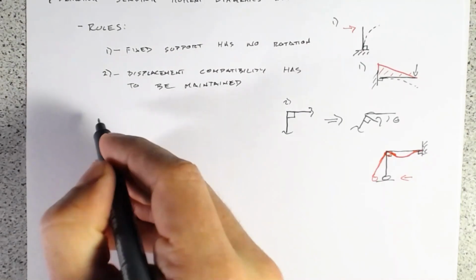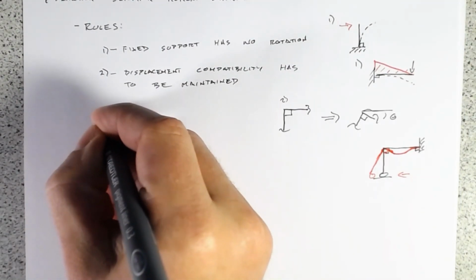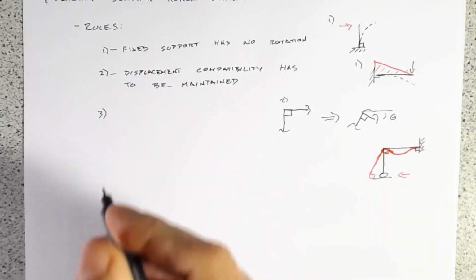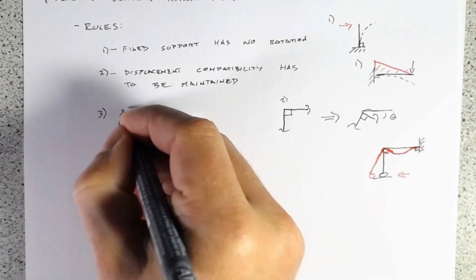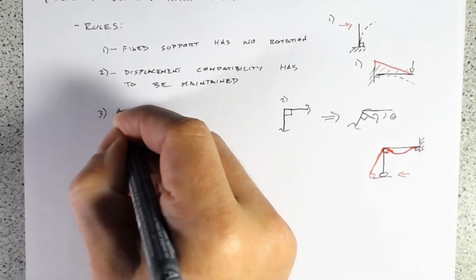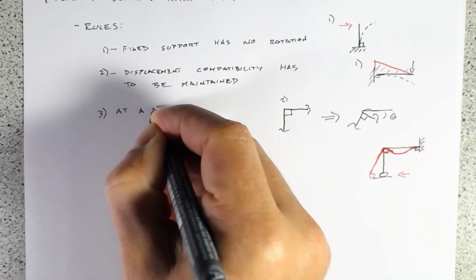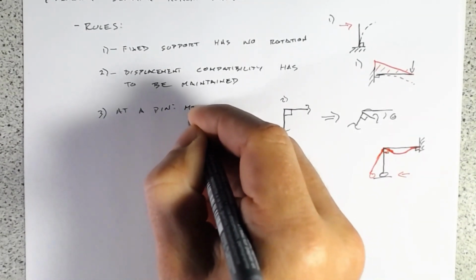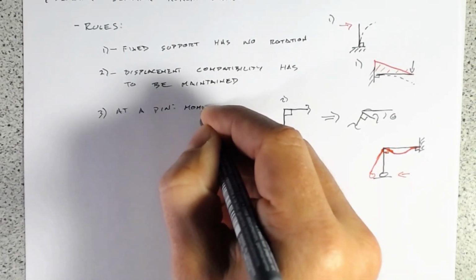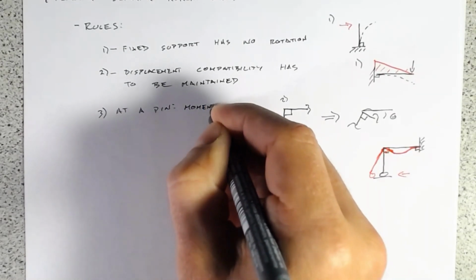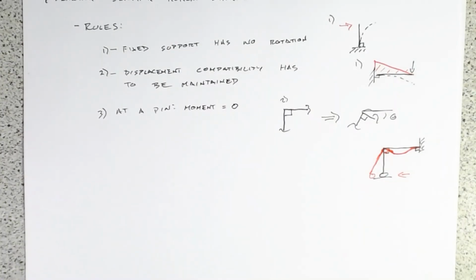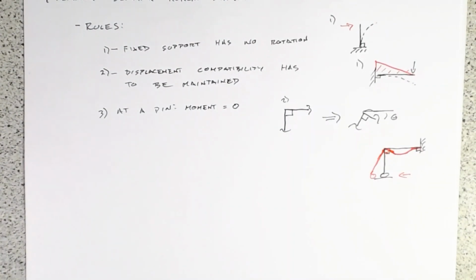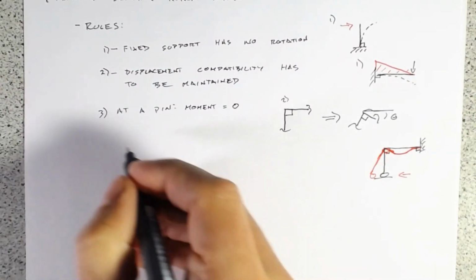Our third rule is pretty simple. At a pin, the moment equals 0. So that's something we're quite comfortable with, right?